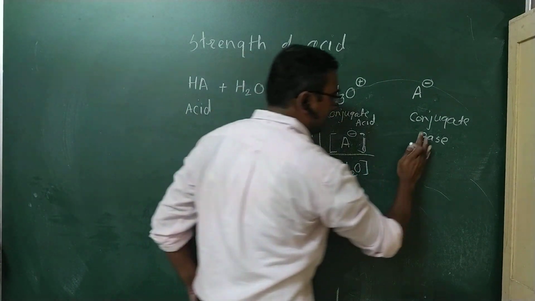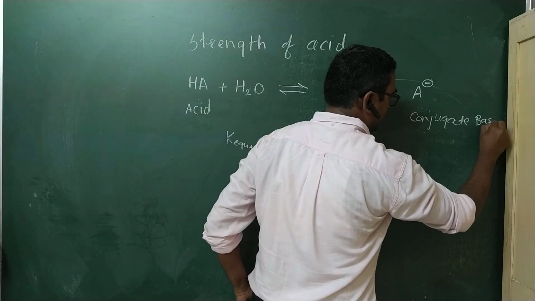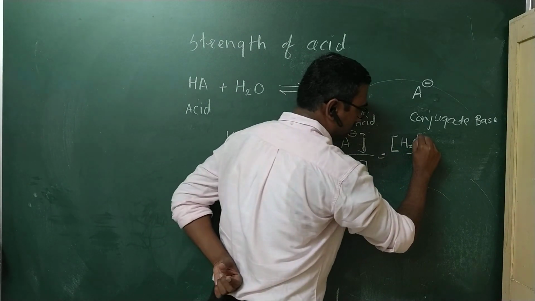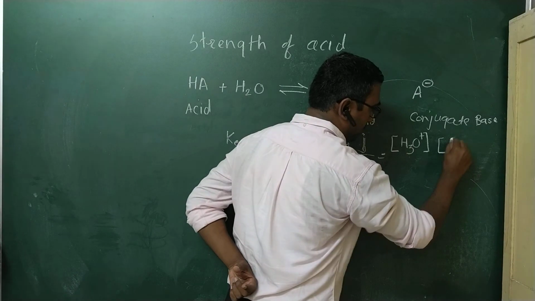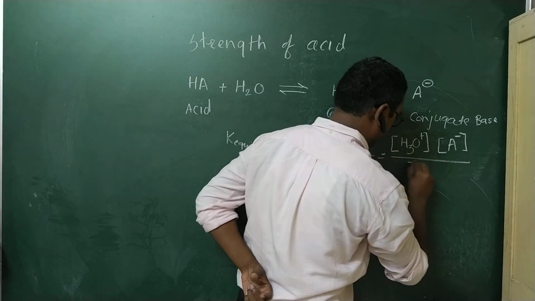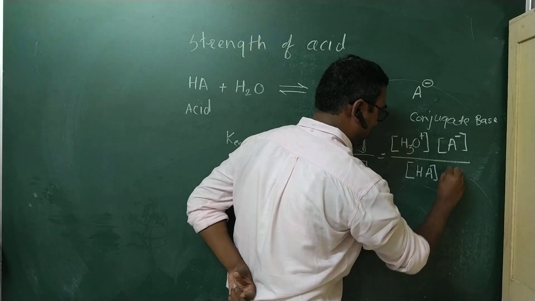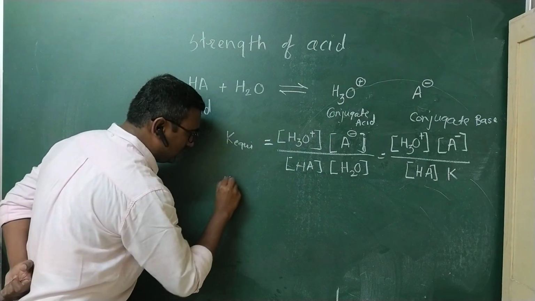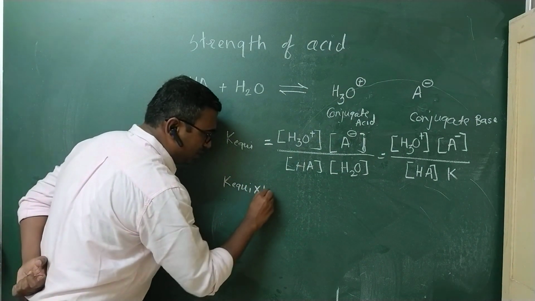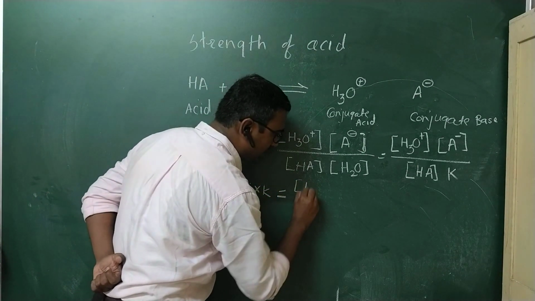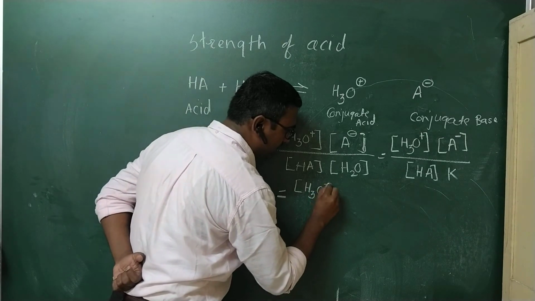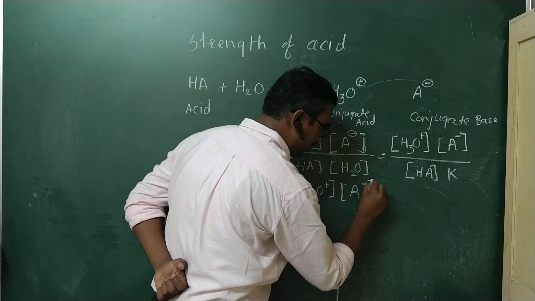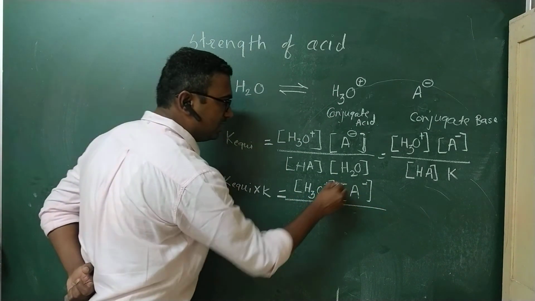so we can write it as a constant. We can write it as a constant, which we have written as K. So equilibrium constant into K is equal to the concentration of H3O plus times the concentration of A minus, divided by the denominator HA.